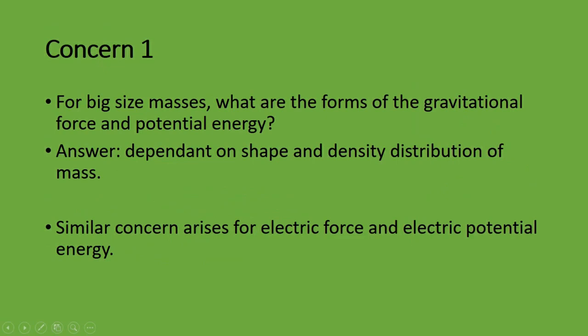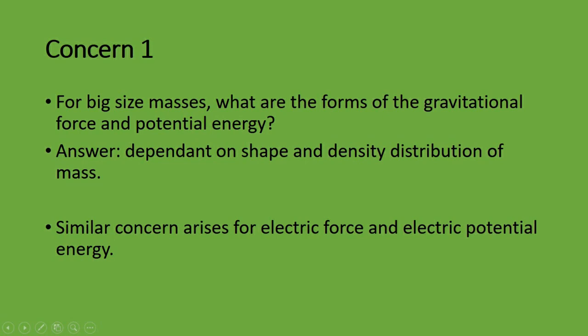We have almost finished this video, but before we leave, I want to talk about two concerns. Concern number one is that the gravitational law that we wrote originally is valid for point masses, for small size masses.